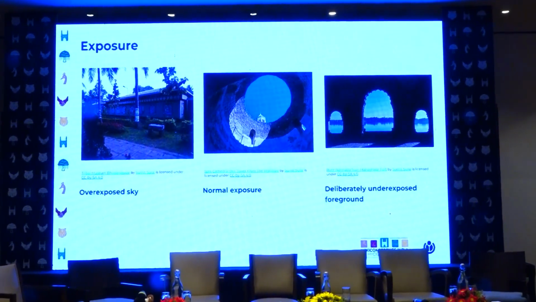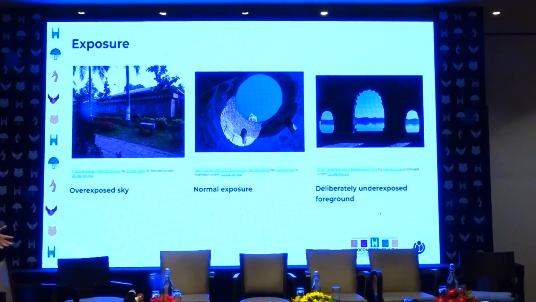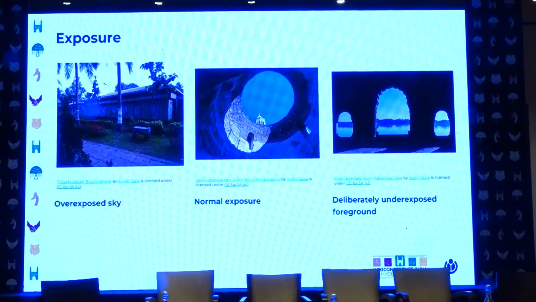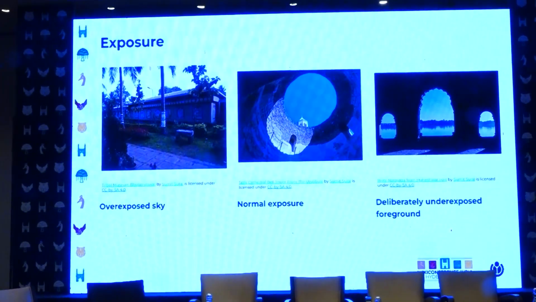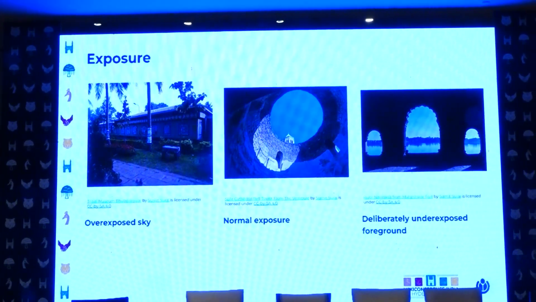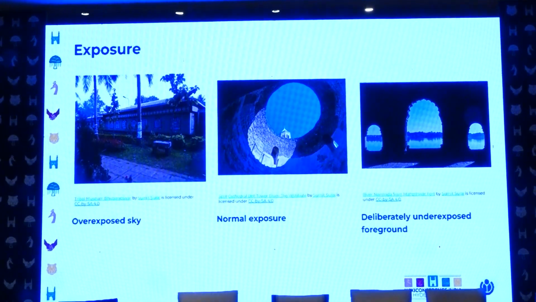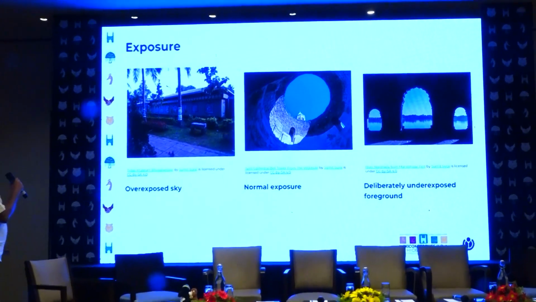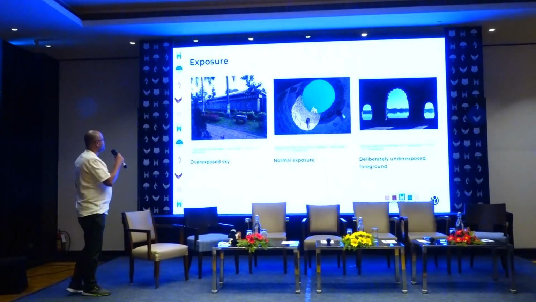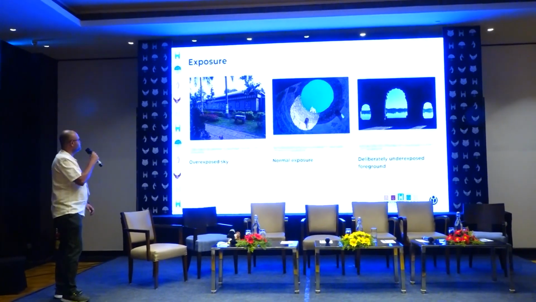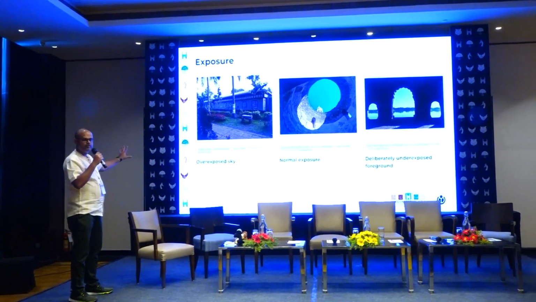For exposure, we need light for photography, but we also need to expose it correctly. For the first picture, this is the tribal museum in Bhubaneswar. We are documenting this museum wall with these tribal paintings, and that is documented properly.